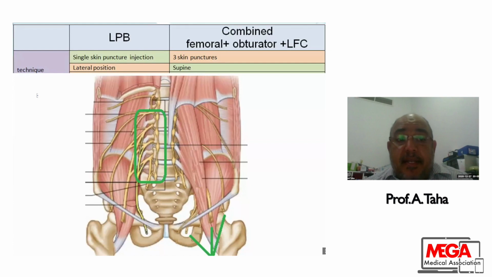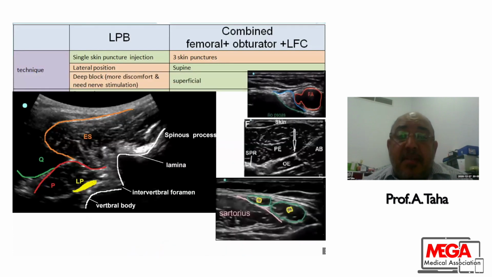However, on the other side, the lumbar plexus block requires a lateral position, and the depth of the lumbar plexus, as you can see here, is so deep. While the other 3 nerves, the femoral, the obturator, and lateral cutaneous, are superficial. So technically, blocking these nerves is easier and causes less discomfort to the patient because they are very superficial blocks.